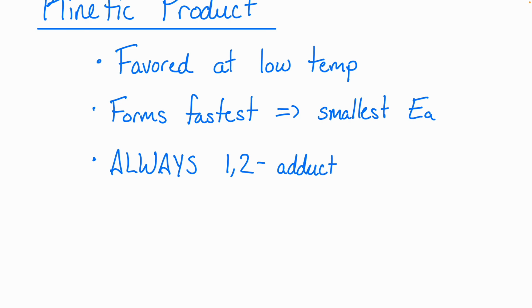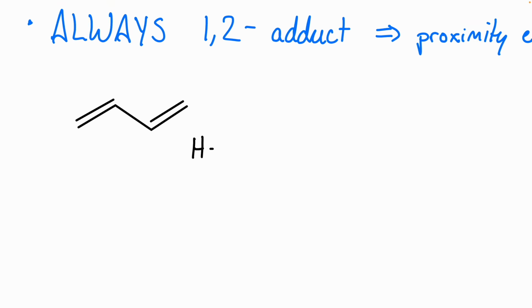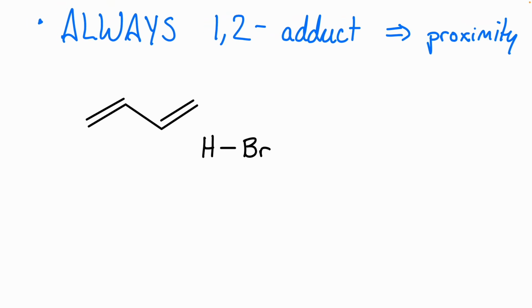All right, so why is that? This is what they call proximity effect. All right, if we look at our chemical reaction mechanism here, given what we discussed last time, everybody draw in those electron pushing arrows.